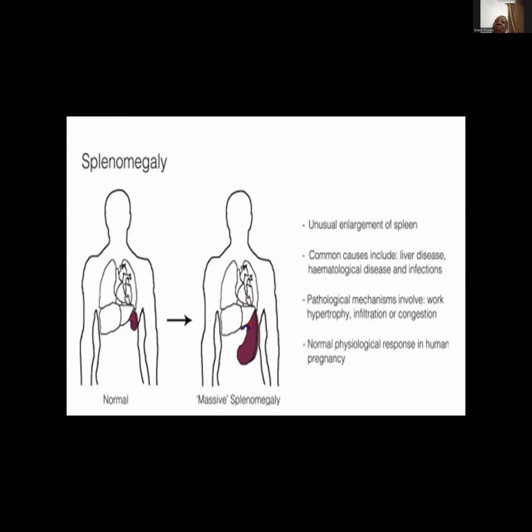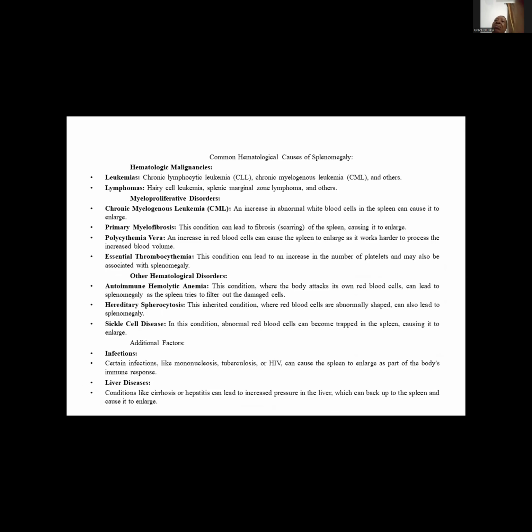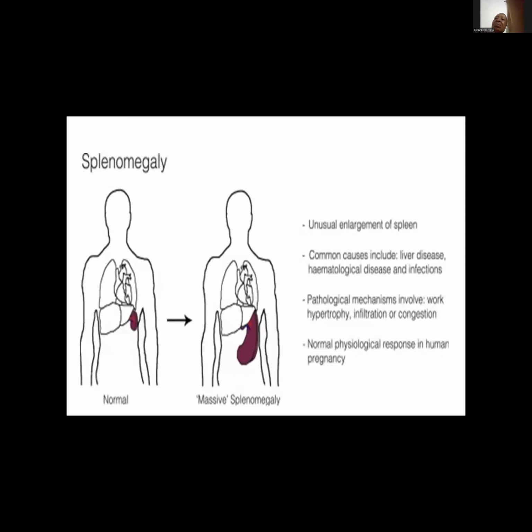So now what can cause splenomegaly? One major cause is liver disease. In one of my lectures on malaria, I spoke extensively on the cycle of malaria and two stages, the pre-erythrocytic stage as well as the erythrocytic stage.